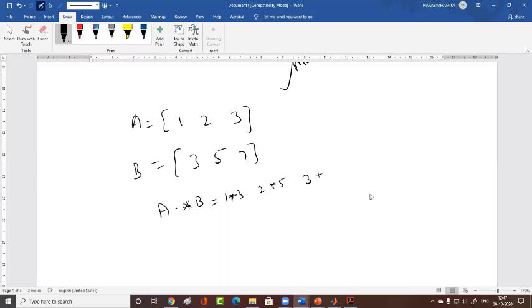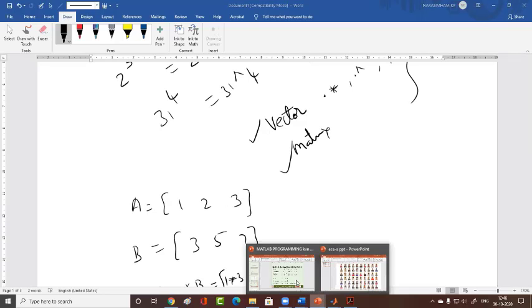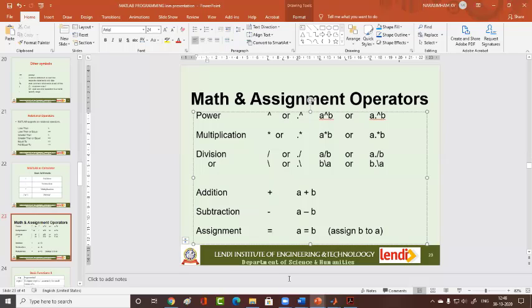So dot is for element wise multiplication, element wise power, element wise division, left division and right division. We will discuss in detail in vectors and matrices.